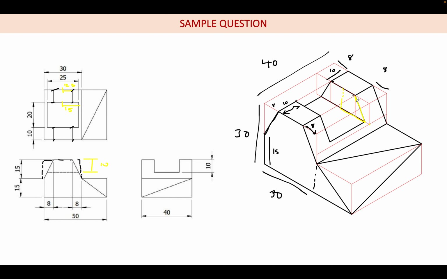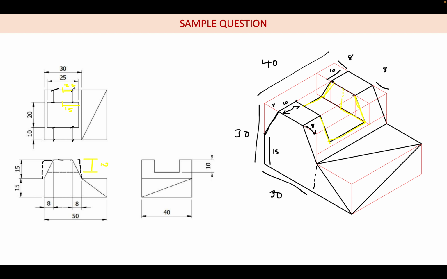So I am going to connect these two, and this length is 20 mm. I am going to draw 20 mm like this, and similarly I am going to go this way. Here also I can draw this line, and parallel to this line you can draw another line. So here the inside part will be hidden. So this outline we got finally.